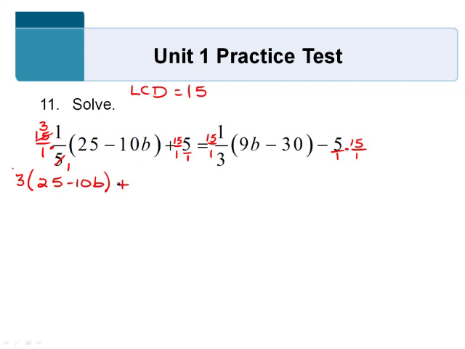Now, plus this next term here, we have 15 times 5 is 75. And then we had our equal sign. And here we have the 15 times 1/3. So that's where you cancel by 3. That's going to leave 5. So I have 5 times 1 is 5 times 9b minus 30. And then minus 5 times 15 is 75.